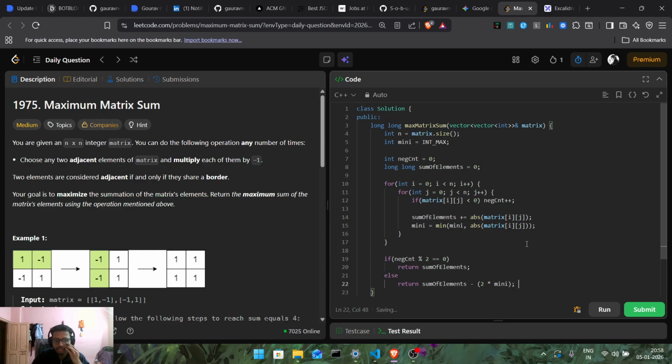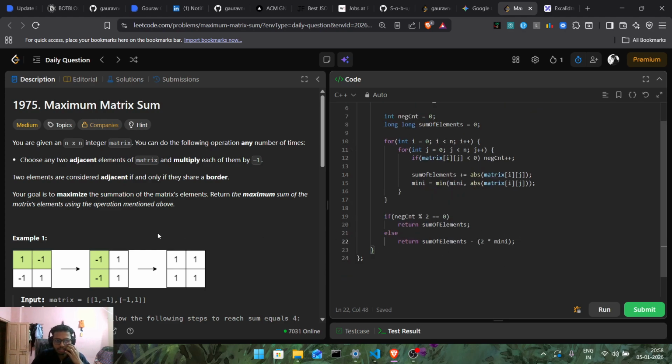Because we just talked about it, right? One negative element will always be left in the odd case. We multiply by 2 because in the summation we took the absolute value of all elements, so the negative value was also added as an absolute value.